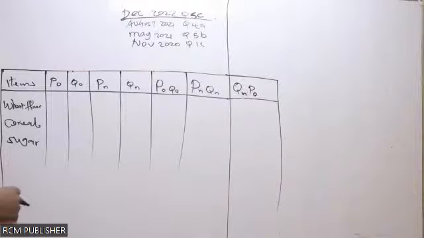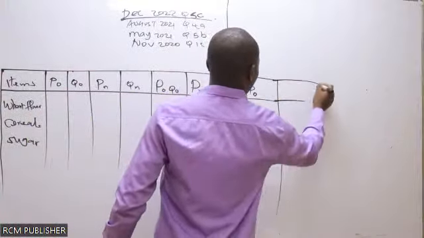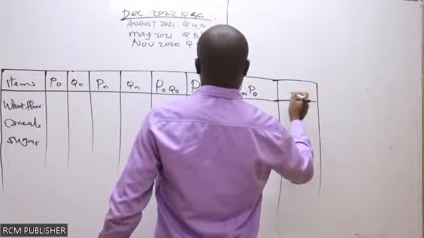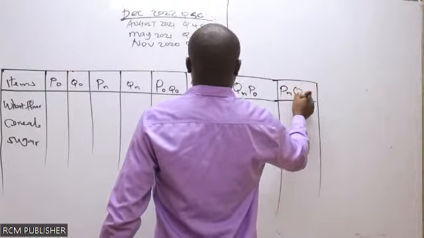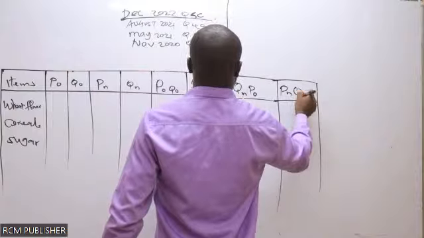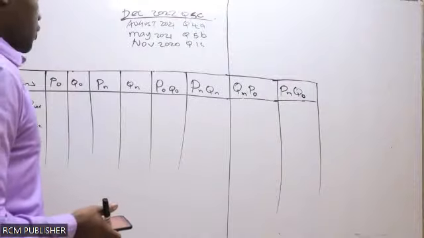We still need another column for PN, QO. So how are we going to work out these ones?